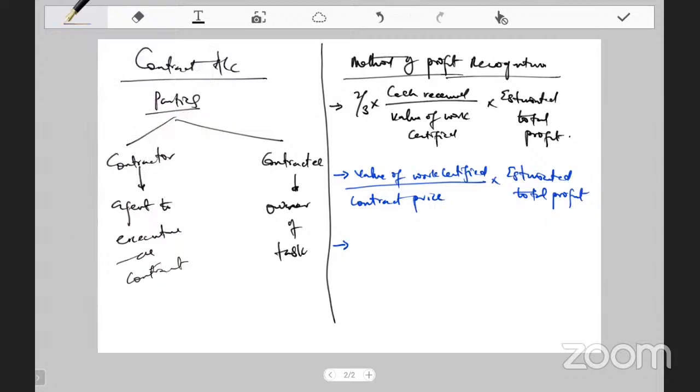Now, the third method that we also need to look at is cash received all over contract price times estimated total profit. That is the other method.